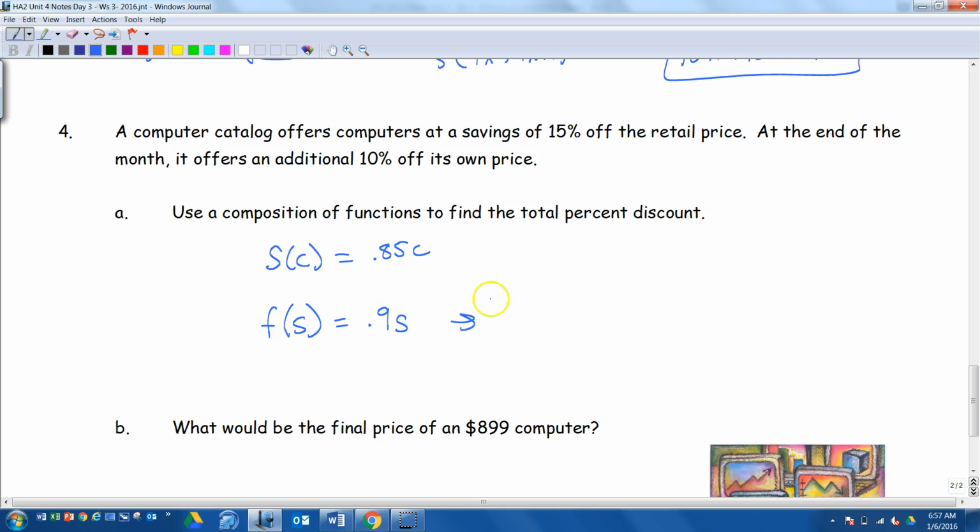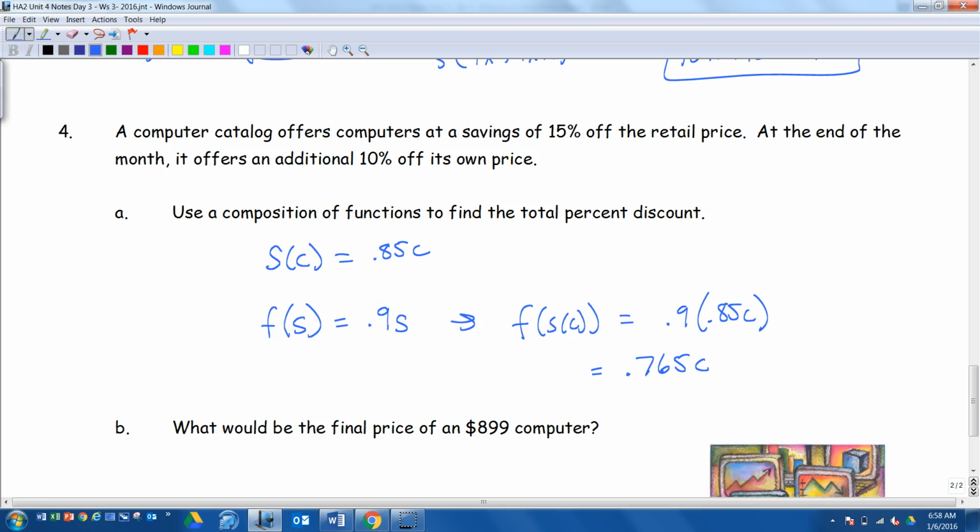So if we do a composition of functions, we want f of s of c, we get 0.9 times s turns into 0.85 c, which means that the total final cost with all the discounts is going to be 76.5% less than its original, which means that you get 23.5% off.